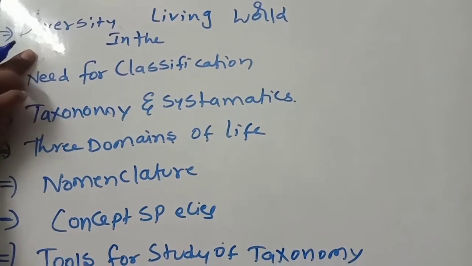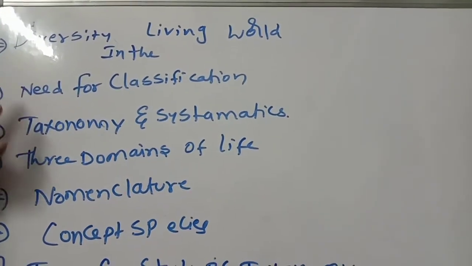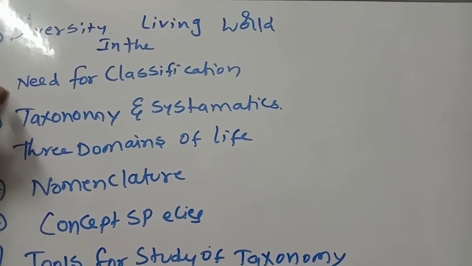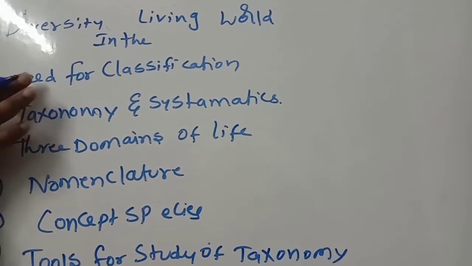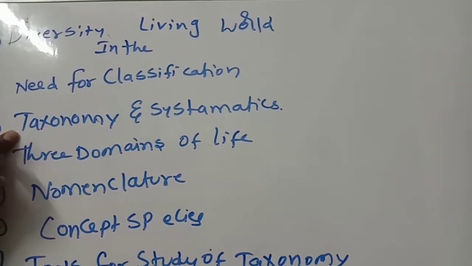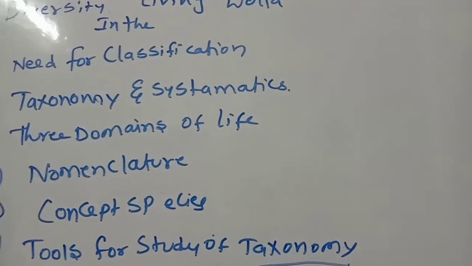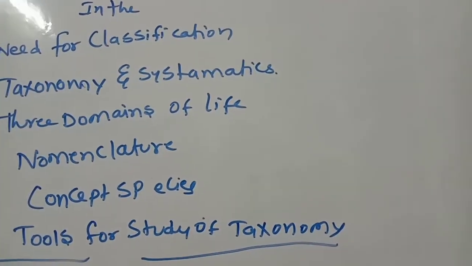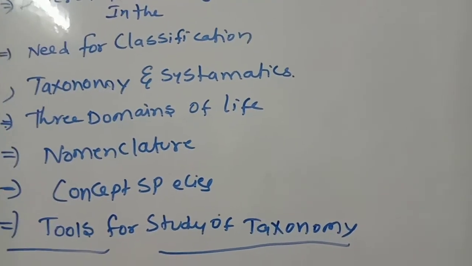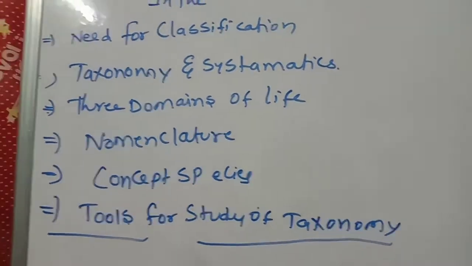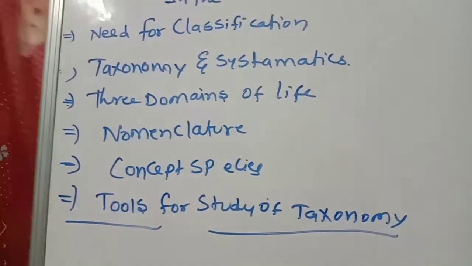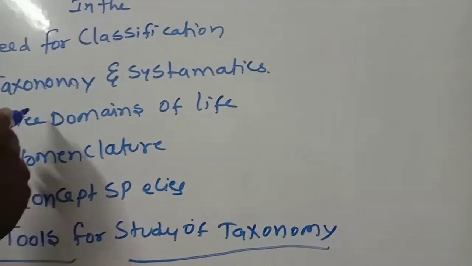Diversity in the living world means different forms of life, and need for classification. What is required for the classification, and taxonomy and systematics. What is the difference between taxonomy and systematics?